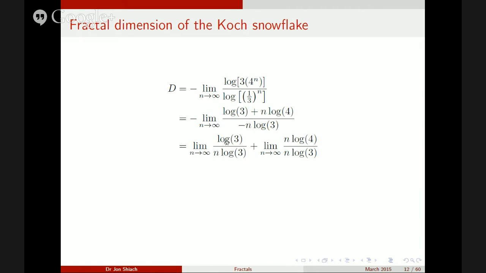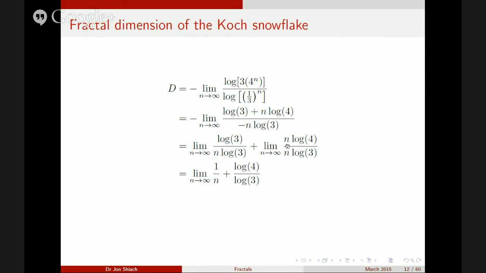Here we've got a limit of log 3 over n log 3. Well, log 3 over log 3 is just 1. So that's log of 1 over n. But as n tends to infinity, that's going to just disappear to 0. So that first limit, as n gets very, very large, that number gets very, very small, and so that first one is just 0.